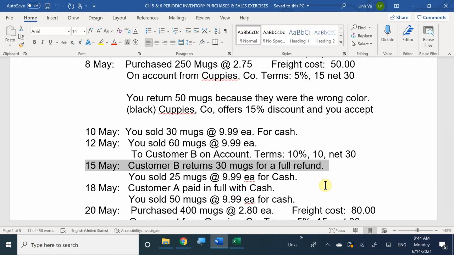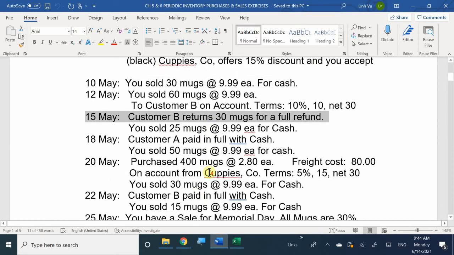I overbought, or whatever reason that they want to return. So in this case, they only purchased it 3 days ago, so we are subject to give them a full refund. They're returning 30 mugs back. So how are we going to journalize this transaction?